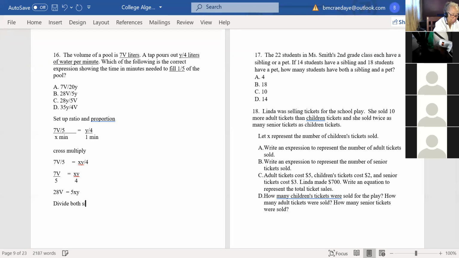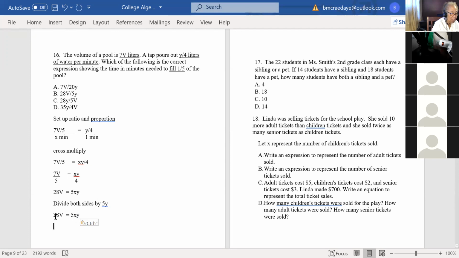What do I have left? Let's put the 5Y underneath here, and we do the same on the right side.